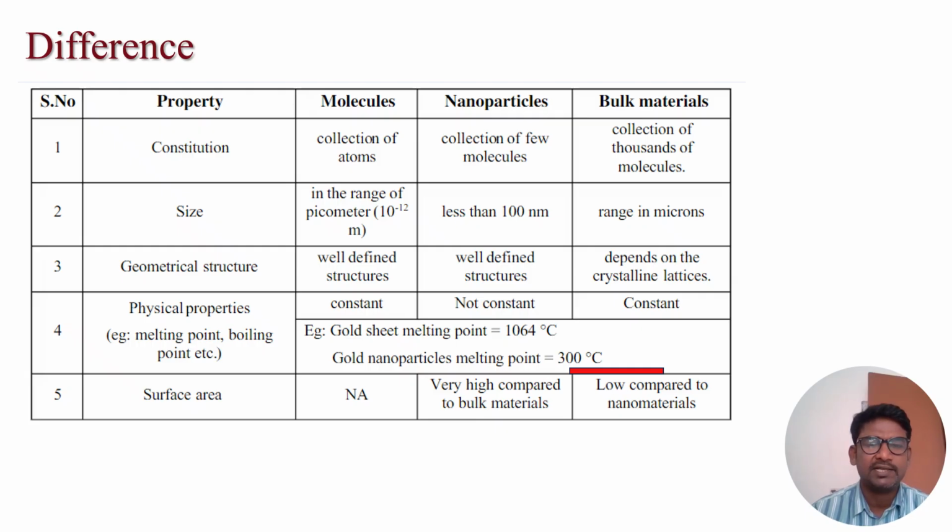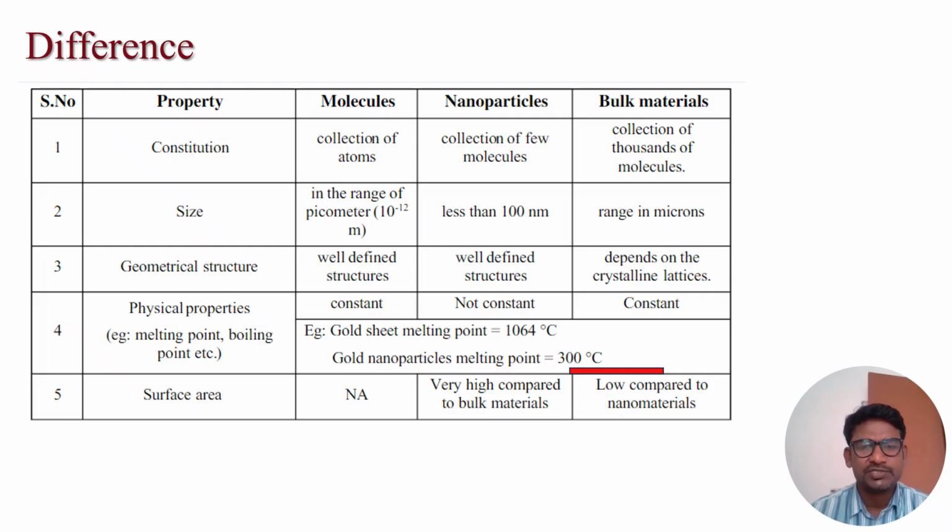Let us try to understand the geometrical structure. Molecules are well-defined structures by virtue, and the nanoparticles are also well-defined structures by nature, whereas the geometrical structure of the bulk materials depends on the crystalline lattice.